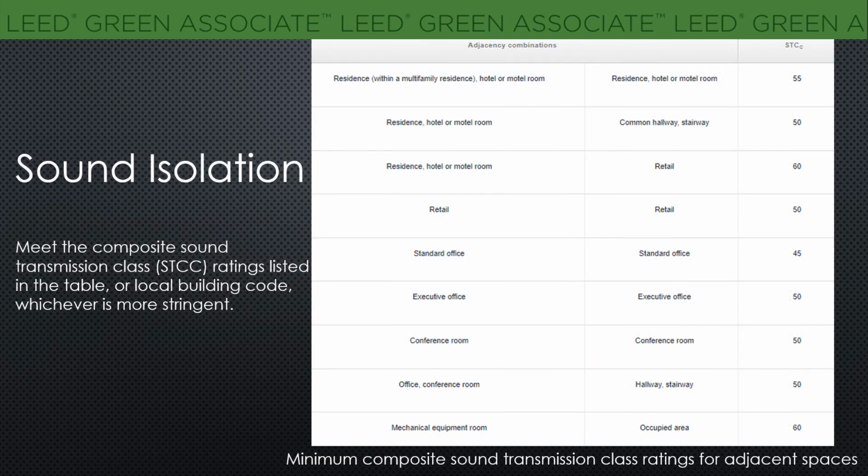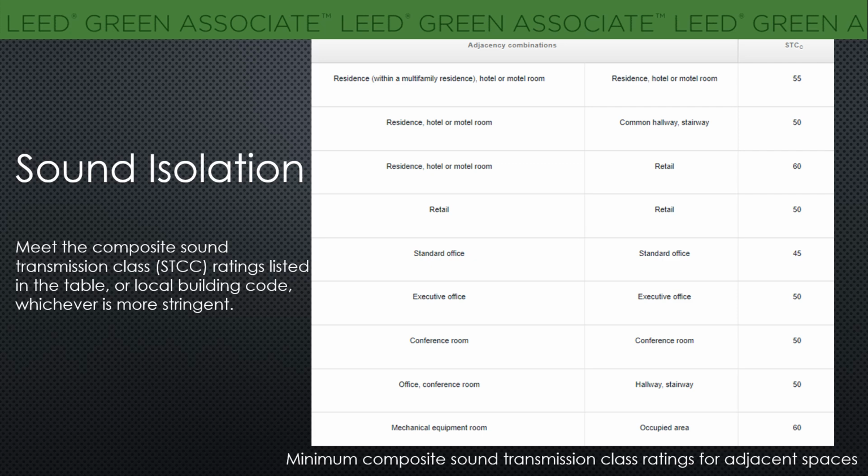Other than ambient noise, sound isolation is also a requirement for achieving acoustic quality. So here LEED suggests meeting the composite sound transmission class, that is STC rating, listed in the given table or from the local building code, whichever is more stringent. In this table we can see the adjacency combinations and STCs.